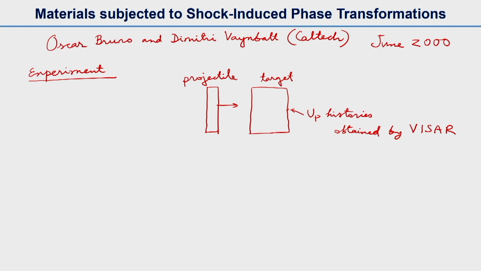On the back surface of the target the UP histories can be obtained using this technique, and when the projectile hits the target, we will see what kind of shock wave propagates.